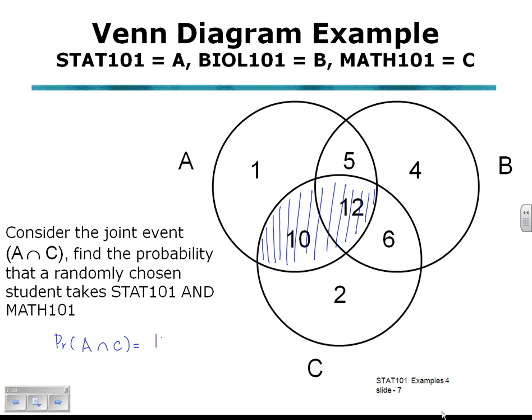The 10 students added together to 12 students are the ones we're interested in for this particular problem. Total of 22 students out of our sample of 40, giving a probability for the joint event A intersection C of 0.55.